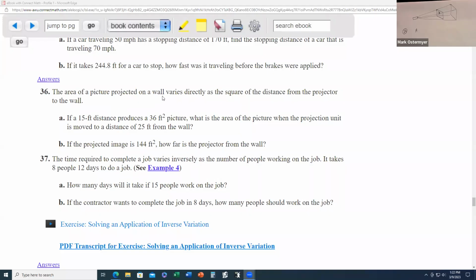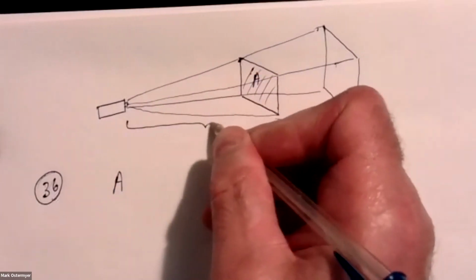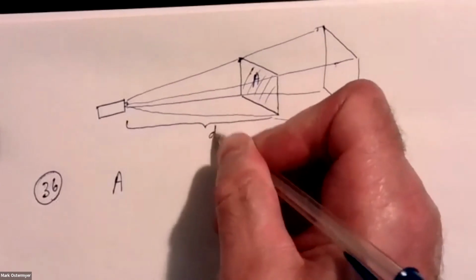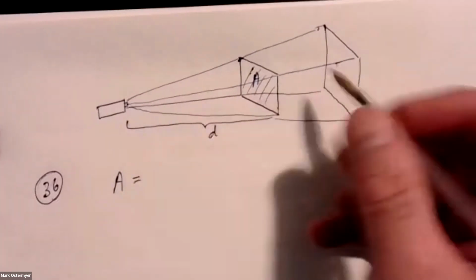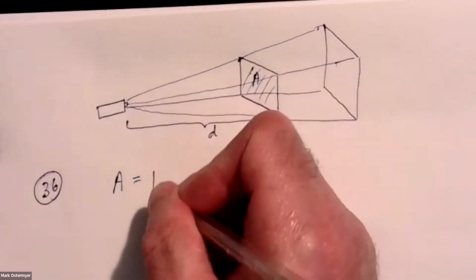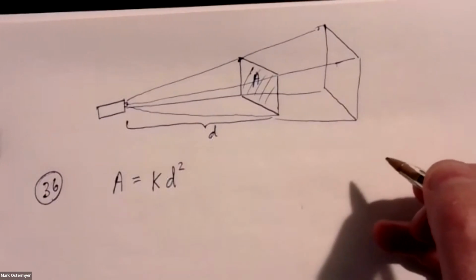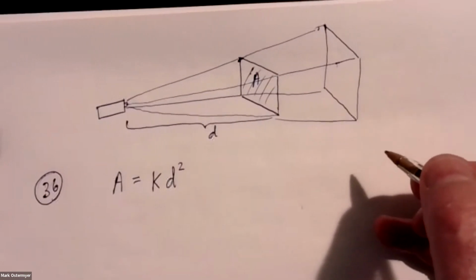Oh, it says the area varies directly as the square of the distance that the projector is away from the wall. So this will be the distance that the projector is away from the wall. We'll call it D. So the area of this projected image is directly proportional to the square of this distance here. So A is equal to K times D squared. That would be the variation you have to write as an equation. And now we're in business.